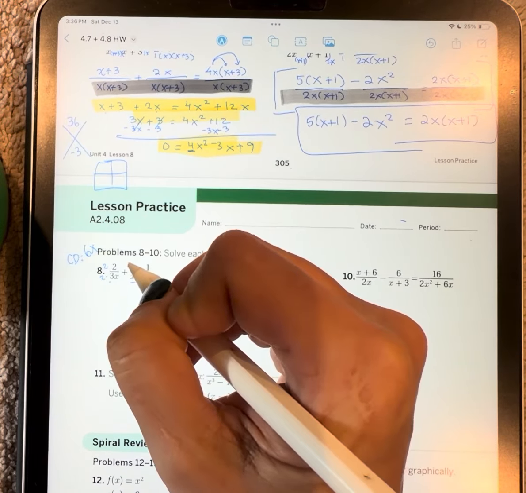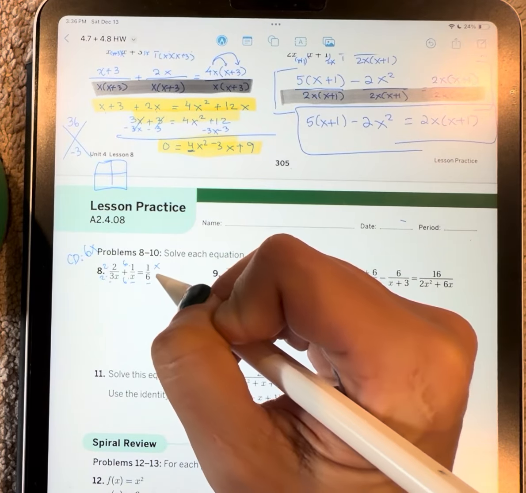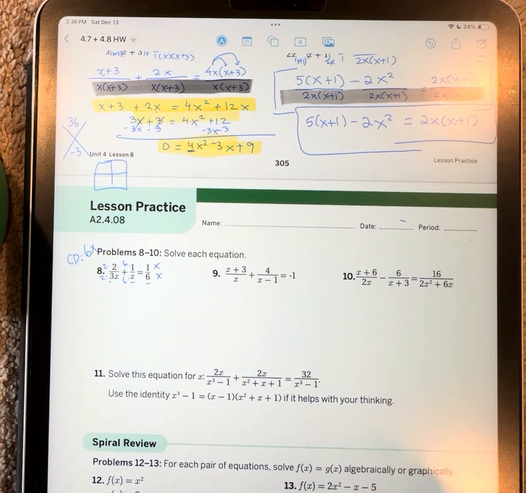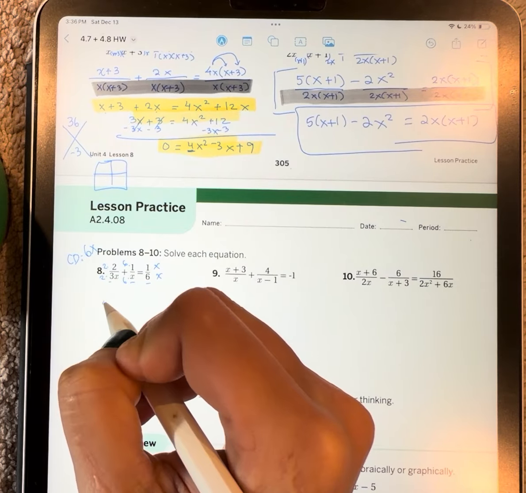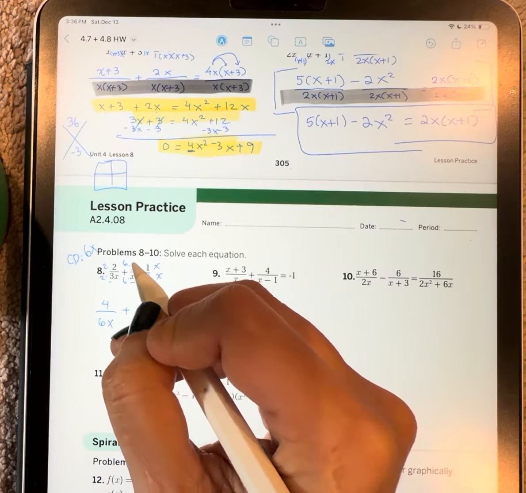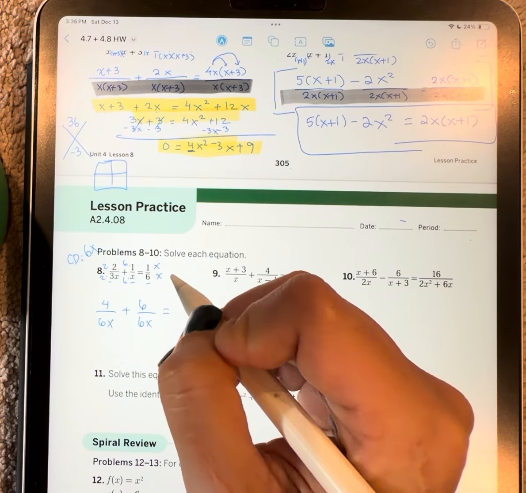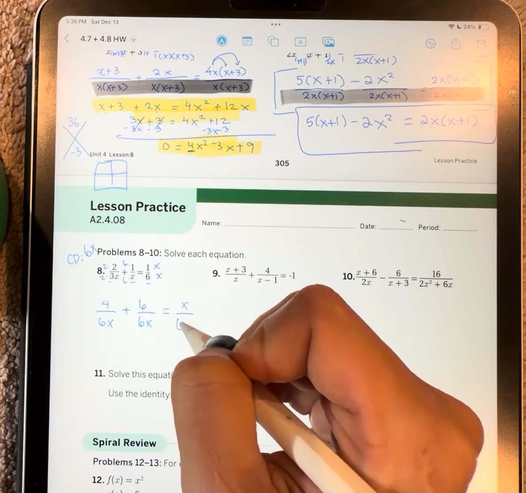This fraction needs a 6 top and bottom. And this fraction needs an x on top and bottom. And so it becomes 2 times 2 is 4 over 6x plus 6 over 6x equals x over 6x.